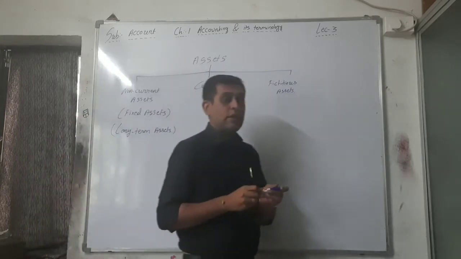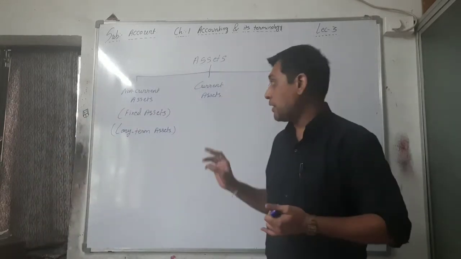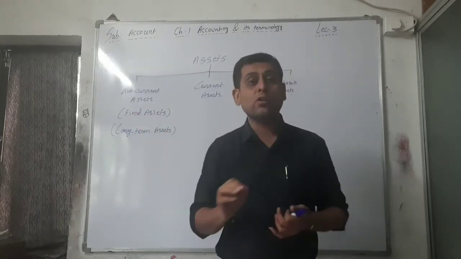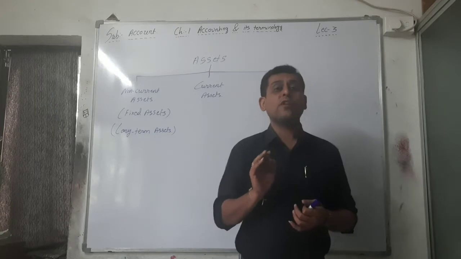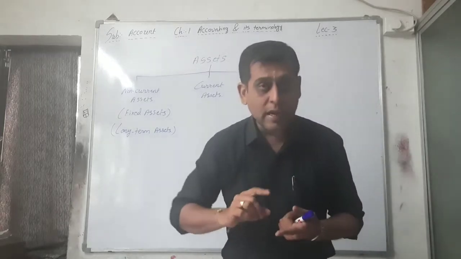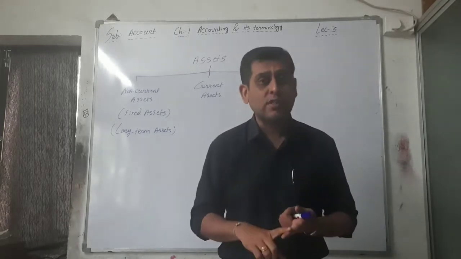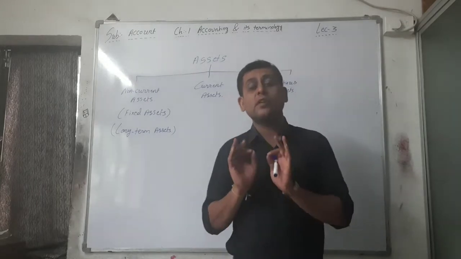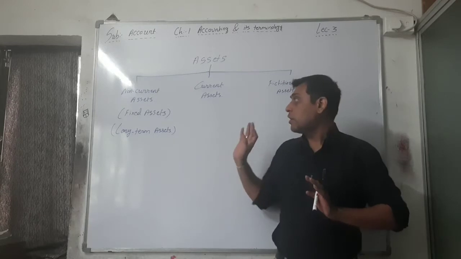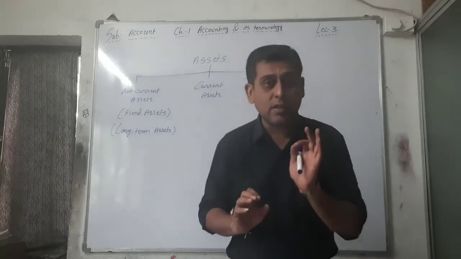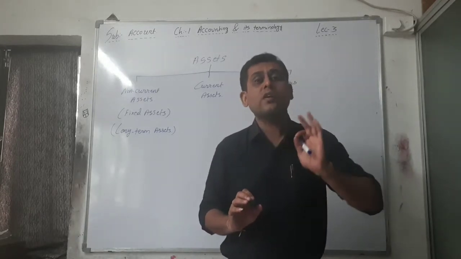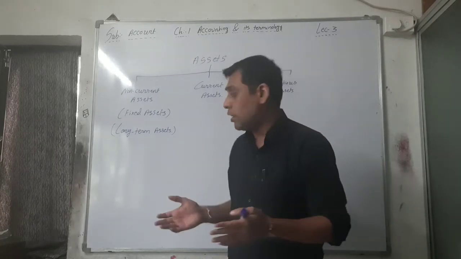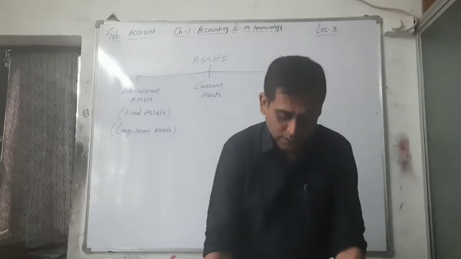So there are 3 names: non-current assets, fixed assets, or long-term assets. What is the definition of these? If they ask about non-current assets, fixed assets, or long-term assets, all the names are synonyms. So you have to give one answer: the assets which are used for more than 1 year are your non-current, fixed, or long-term assets.